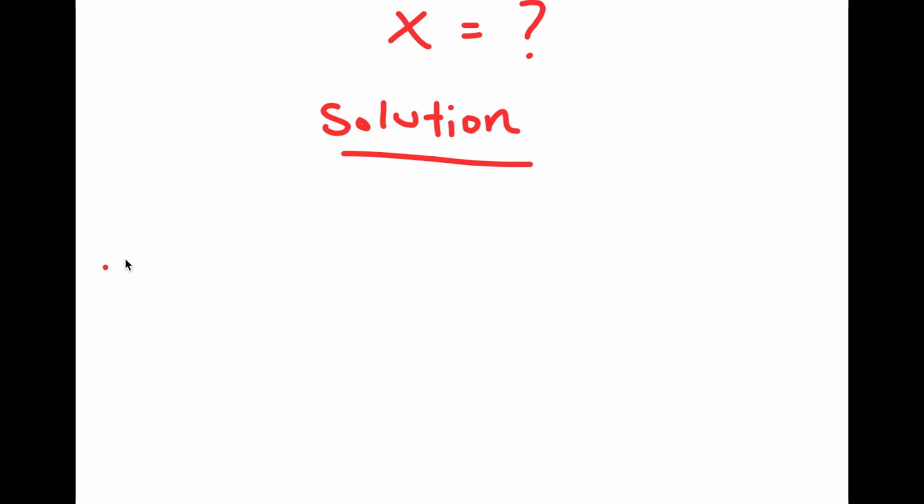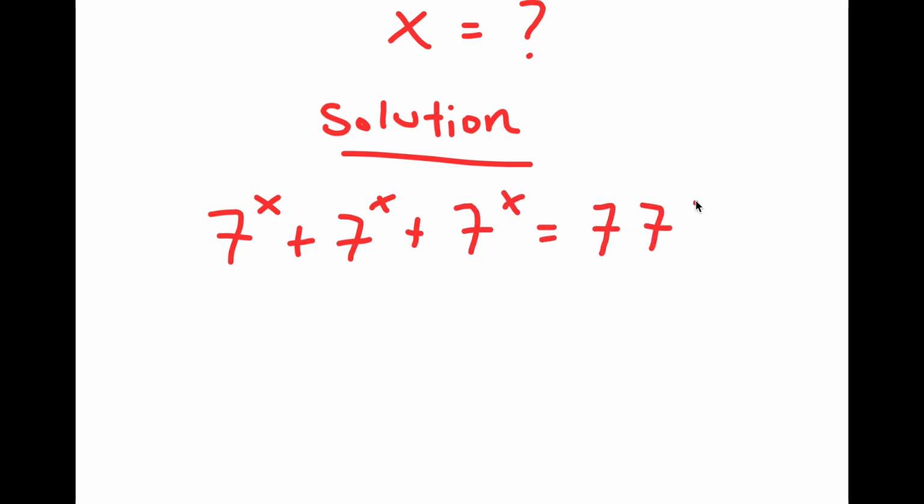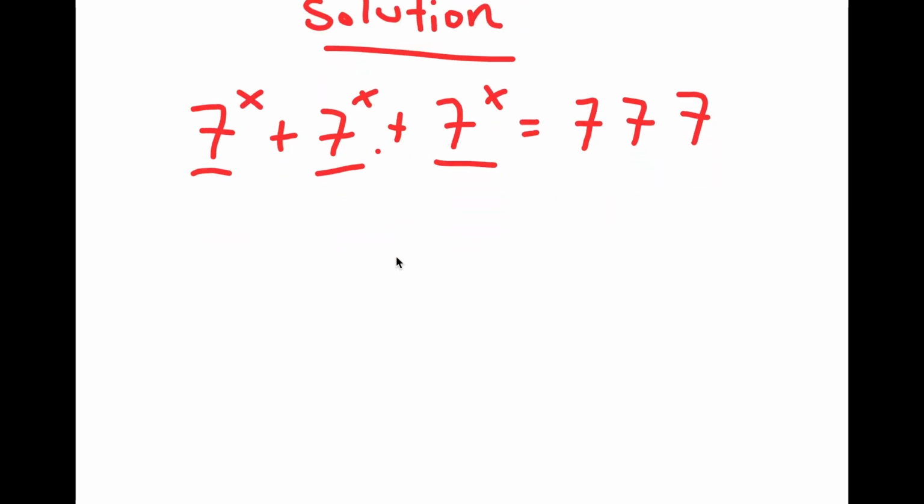So I'm going to first rewrite this down here so I have a little more solving space. So I have 7 to the power of x plus 7 to the power of x plus 7 to the power of x is equal to 777. And notice how I have 3 of the same terms on my left-hand side, and they're all being added to each other, meaning the simplest way I can simplify this is by factoring out 7 to the power of x.